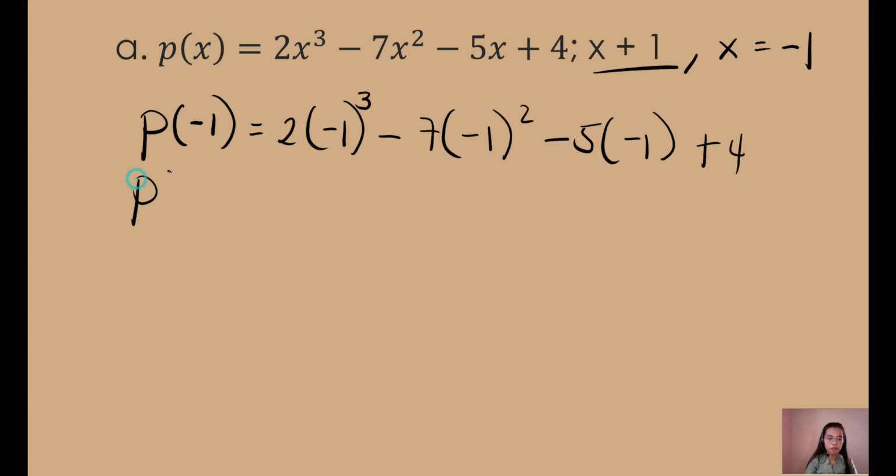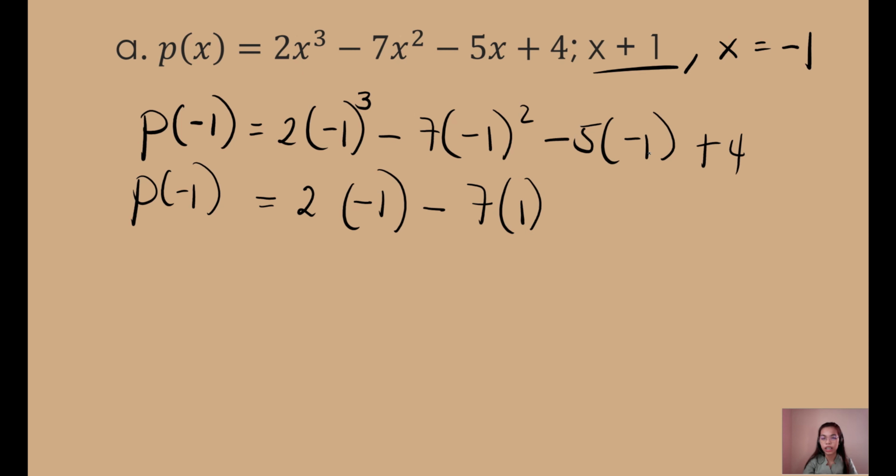Okay, so, P of negative 1 is equal to 2 times negative 1 cubed, that is negative 1, minus 7 times negative 1 squared, which is positive 1. Then negative 5 times negative 1 is positive 5. So, we have plus 5 plus 4.